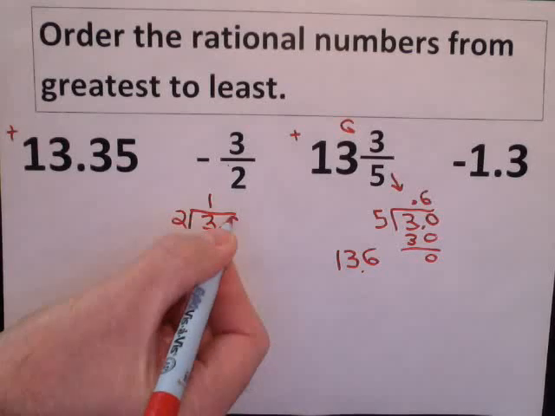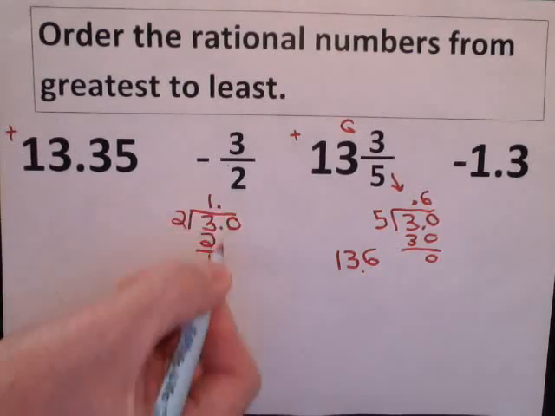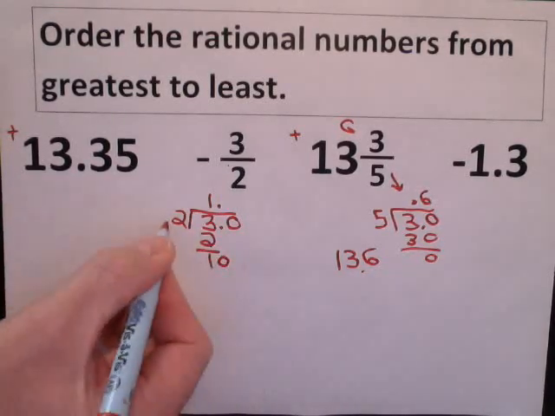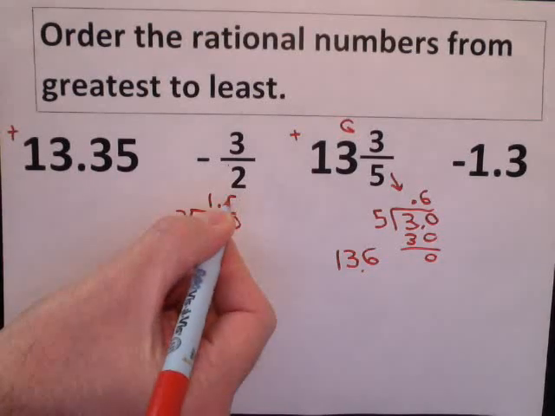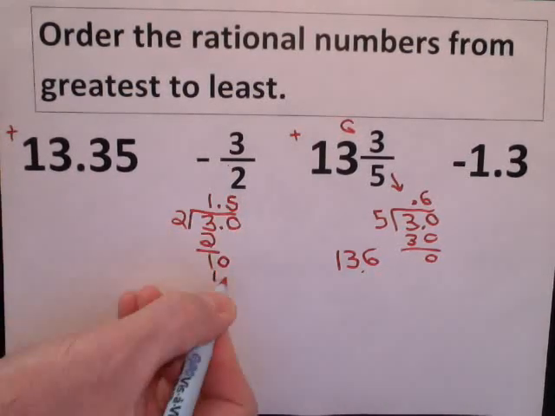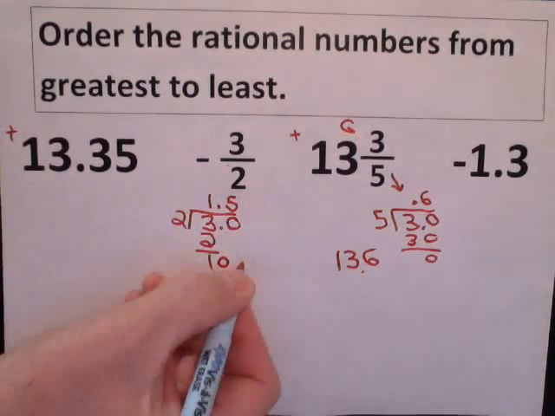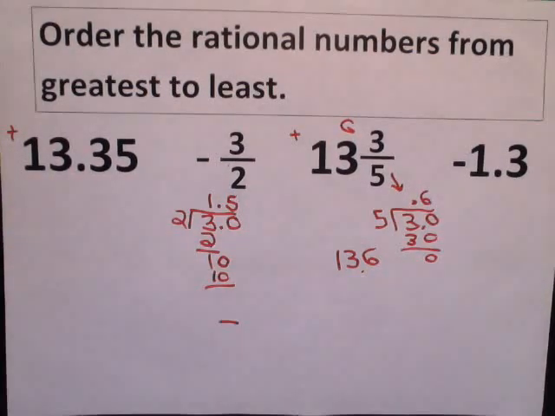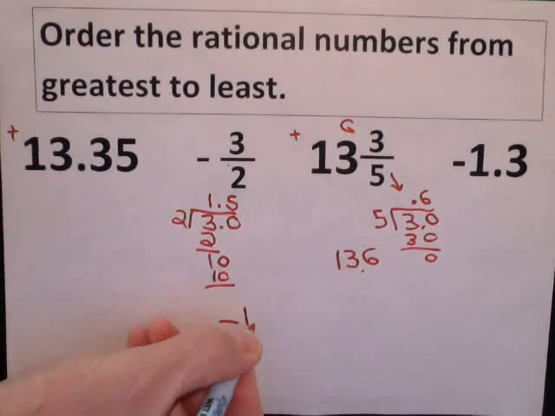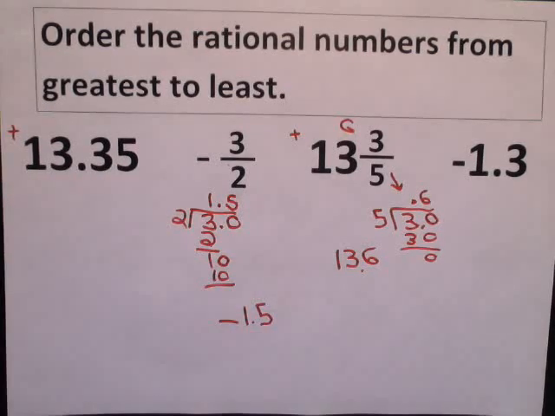Add a decimal point, annex a 0, bring down our 0. 2 will go into 10 5 times. 5 times 2 is 10, and it terminates. So this is actually equal to a negative 1.5. So now we can order these from greatest to least.